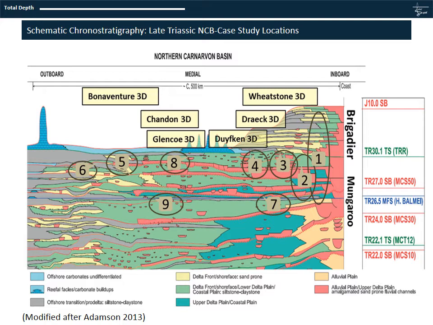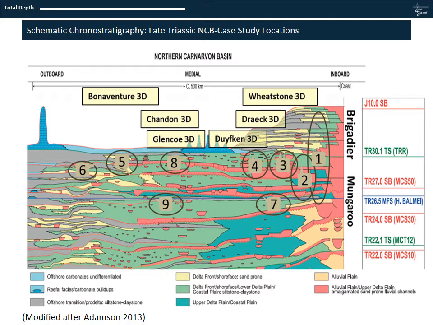This schematic chronostratigraphic diagram is modified after Adamson, and what we're seeing here is an inboard coastal area, and we're going about 500 kilometers offshore, medial and outboard. The outboard area is dominated by siltstones and claystones. We have delta front shore facies in green, which are the siltstone claystones, and then in yellow we're highlighting some of the more delta front shore face sand prone areas.